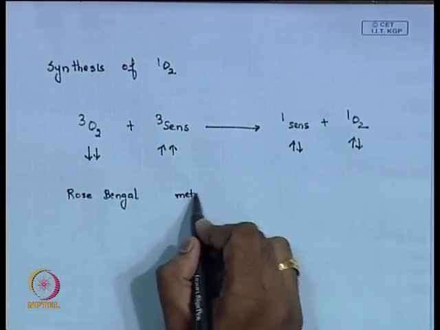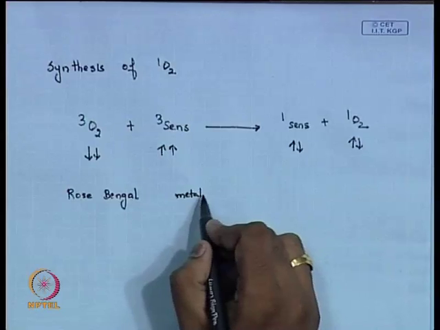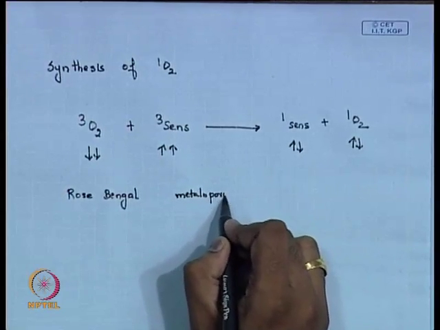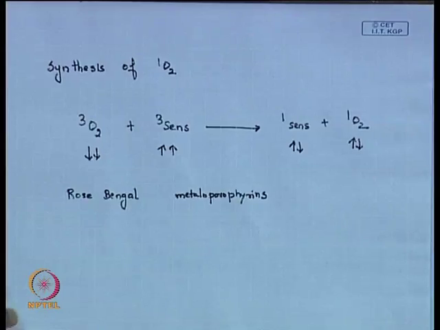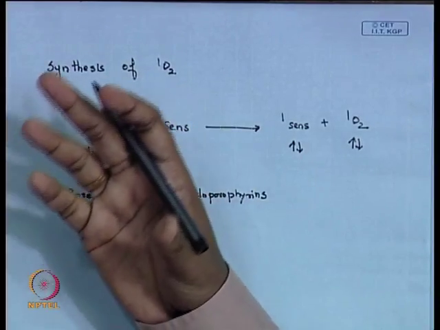Any metalloporphyrins? You can do nice chemistry with metalloporphyrins. People take an alkene, oxygen, put light and put a metalloporphyrin, and you end up with a Diels-Alder reaction. Okay.